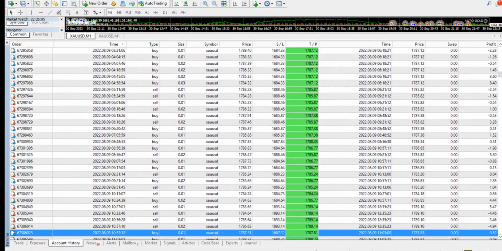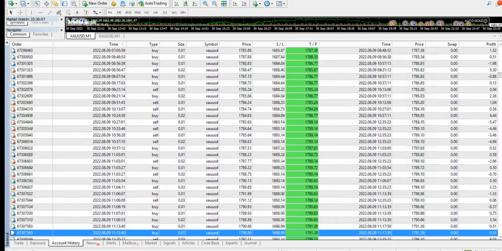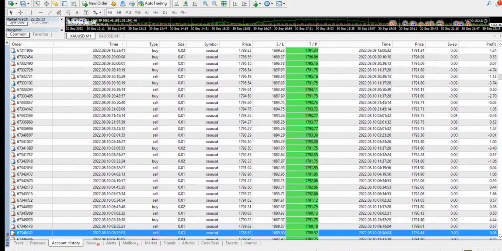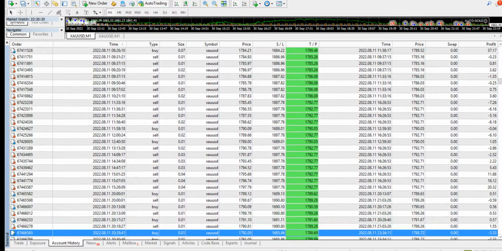Once the news and everything else the US session brings settles down, it opens a few trades. But generally it works better in the Asian session and then the UK, European session.